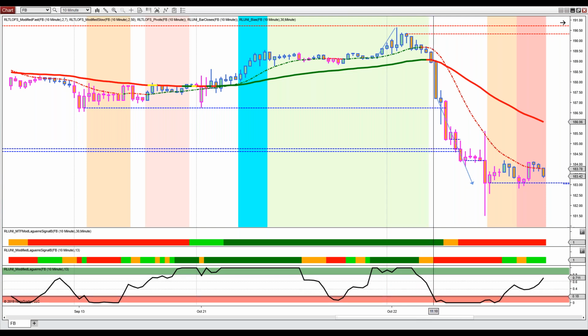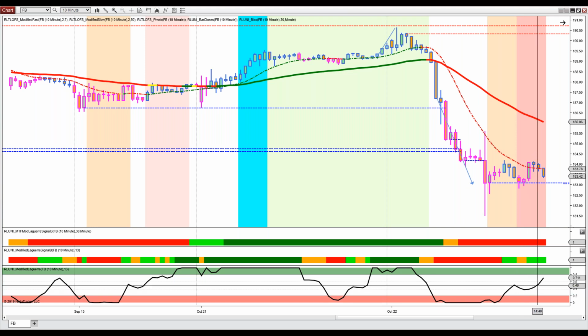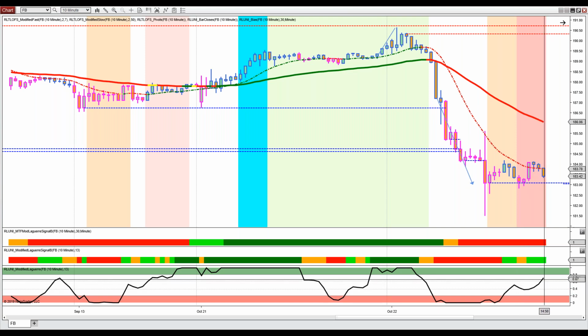As soon as it crosses the 20 line and locks to the short side, it goes red. As soon as it comes up above the 20, it goes light green. Then when it dips, it goes orange, and when it dips back up, it goes green.